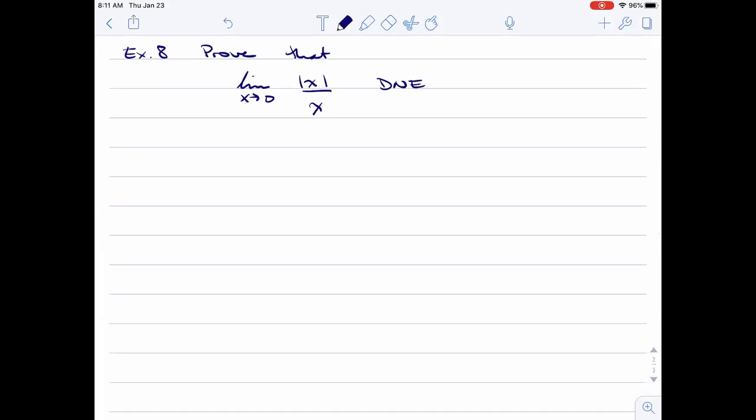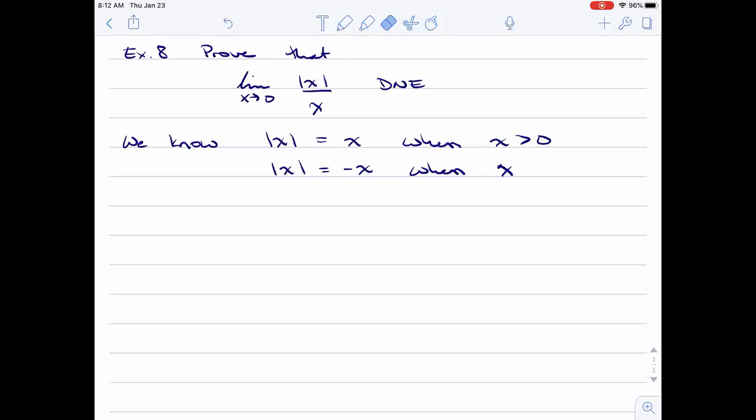So we know that the absolute value of x equals x when x is greater than 0. And we also know that the absolute value of x is negative x when x is less than 0. And we're not talking about at 0.